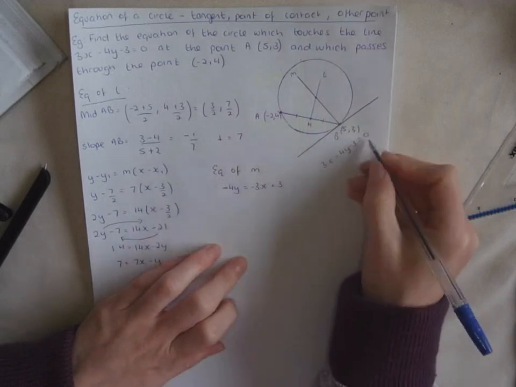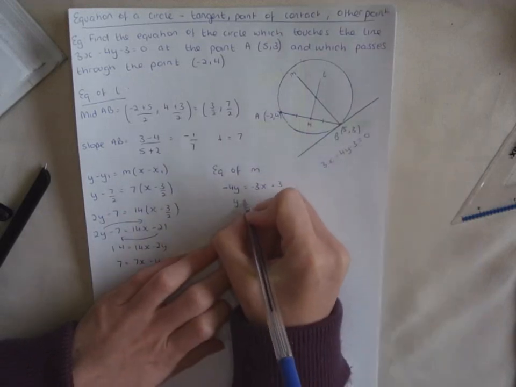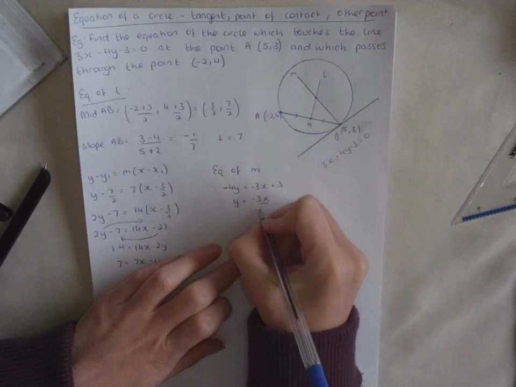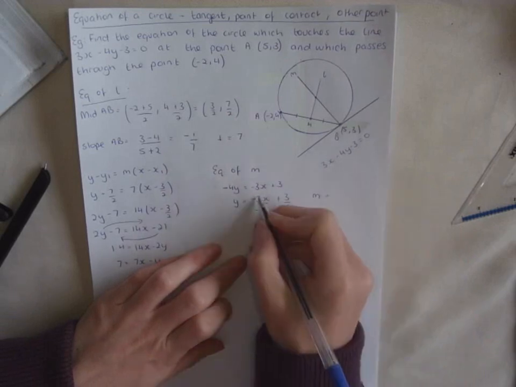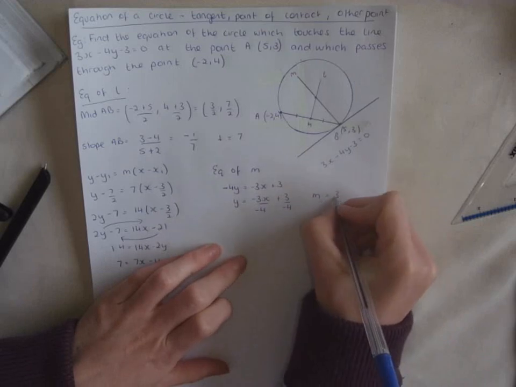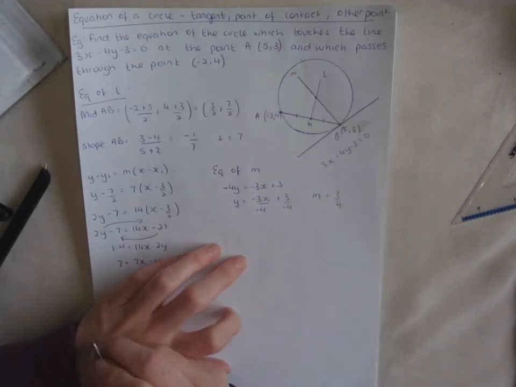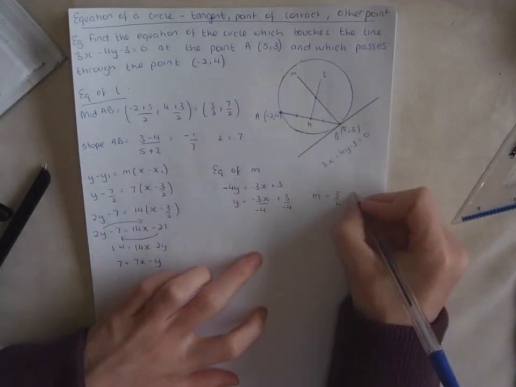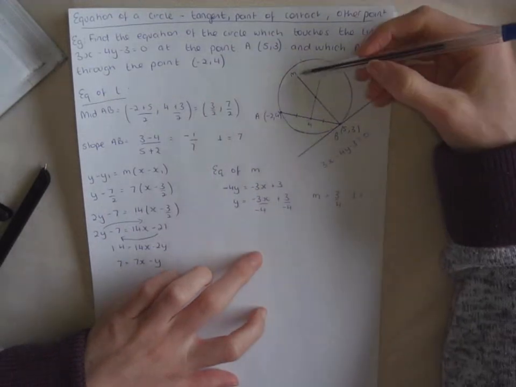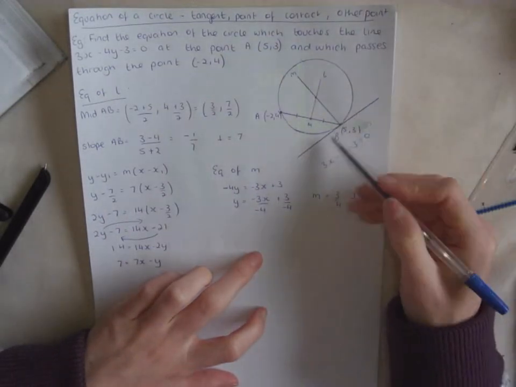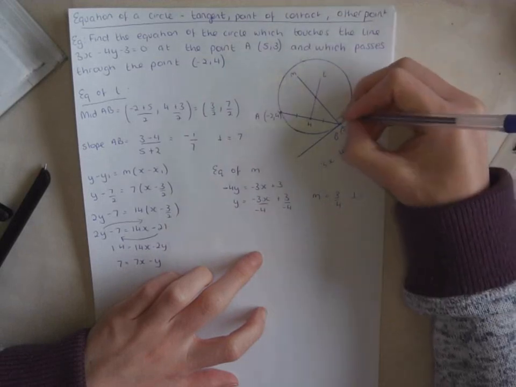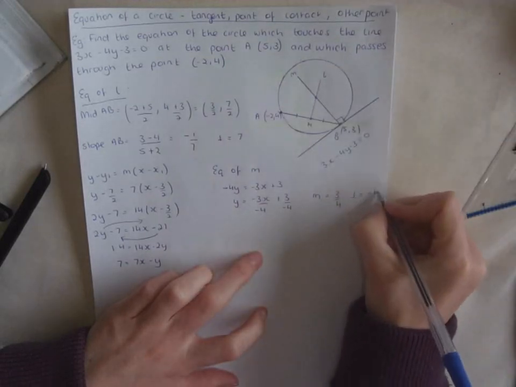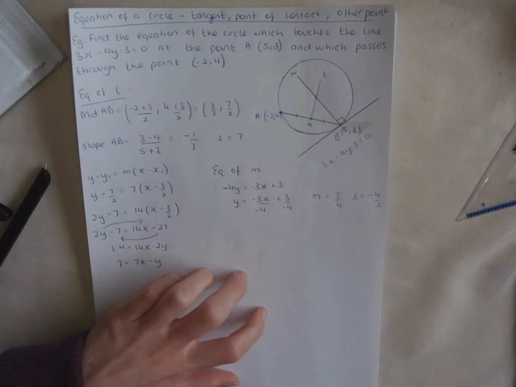Just get the y on its own, and then y is minus 3x over minus 4. So I know the slope is minus 3 over minus 4, which is 3 over 4. Therefore I can get the perpendicular slope, because I'm actually interested in this perpendicular, the slope of M. So the perpendicular slope is, turn that upside down and change the sign, minus 4 over 3.